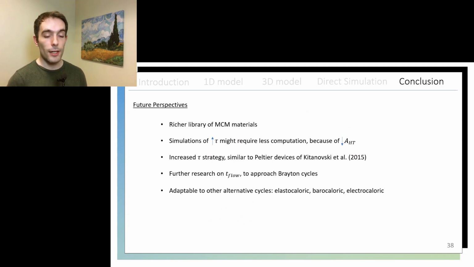We could investigate as well the surge times of these cycles to try to approximate them to a Brayton cycle. And we could adapt this three-dimensional model that I presented to other alternative refrigeration systems like elastocaloric or barocaloric or electrocaloric systems by just implementing the resolution of the new physical field that drives this phenomena.